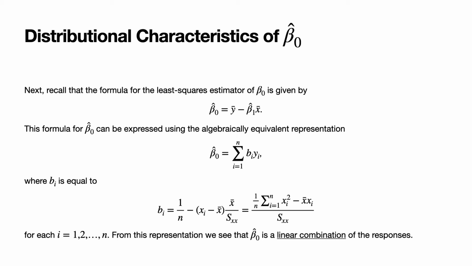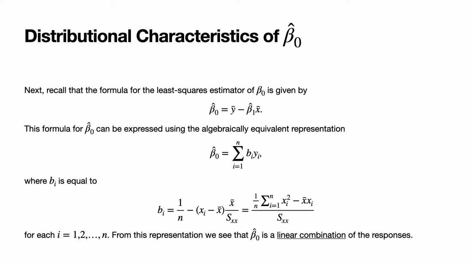So the first one is b sub i equal to 1 over n minus the quantity x sub i minus x bar times the quantity x bar over s sub xx. And that is algebraically equivalent to 1 over n times the sum of the squared x values minus x bar times x sub i divided by s sub xx.